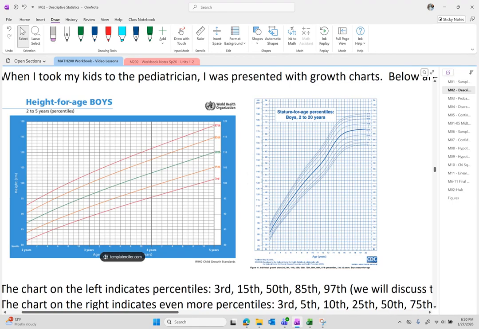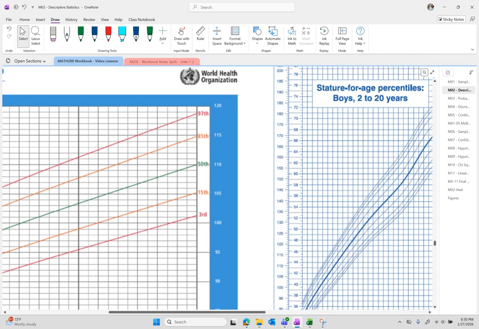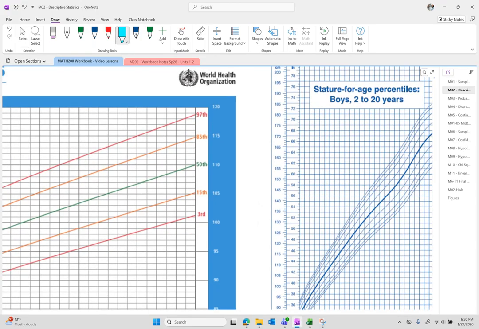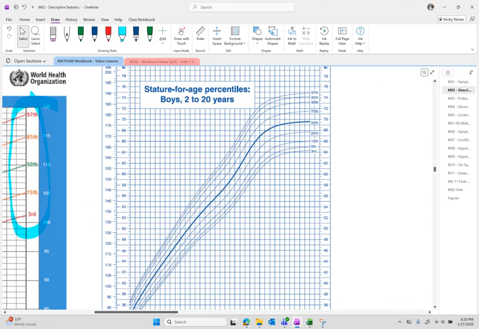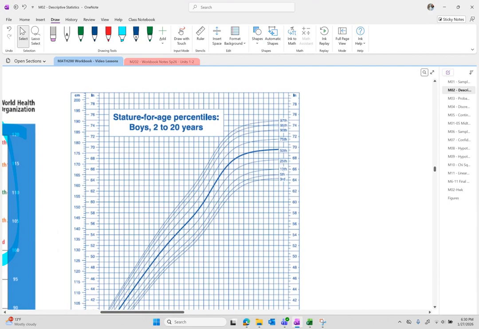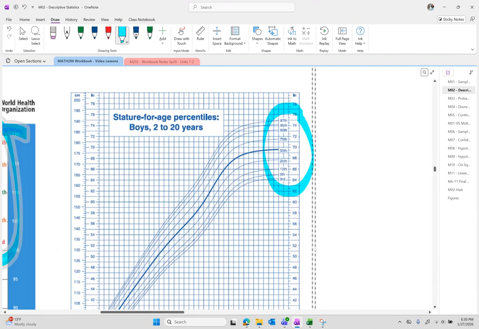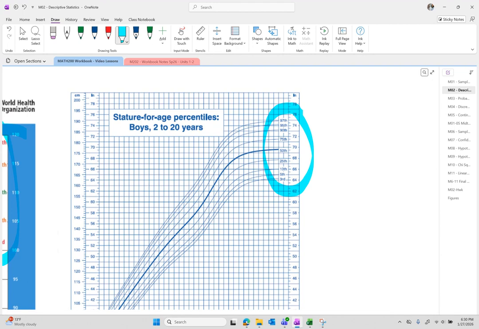In the chart on the left, the percentiles listed are the 3rd, the 15th, the 50th, the 85th, and the 97th percentile. On the right, the percentiles listed are 3rd, 5th, 10th, 25th, 50th, which has the thicker line, 75th, 90th, 95th, and 97th.